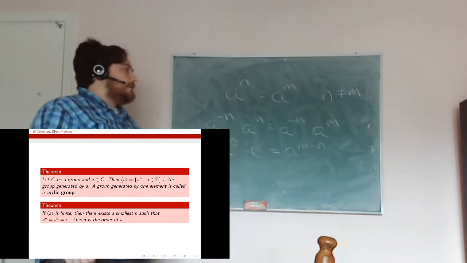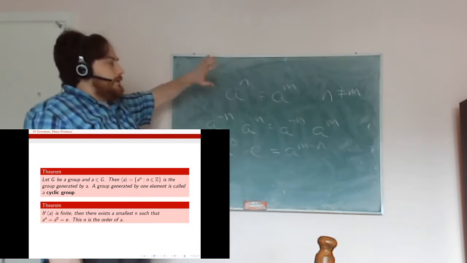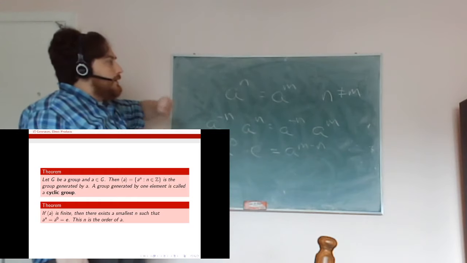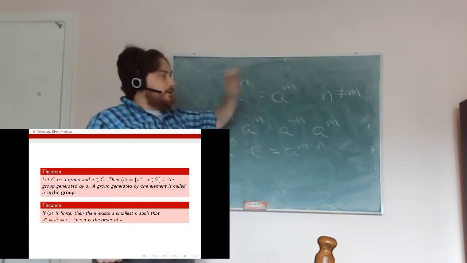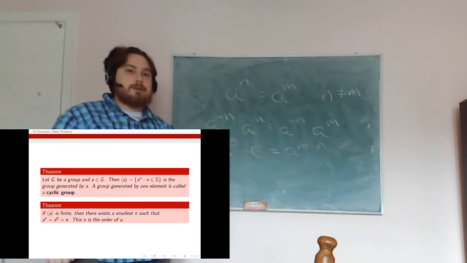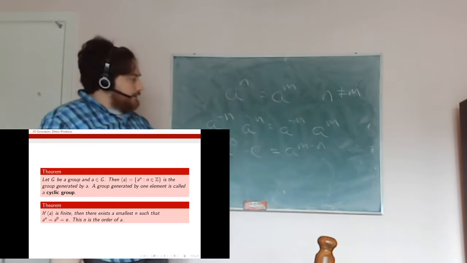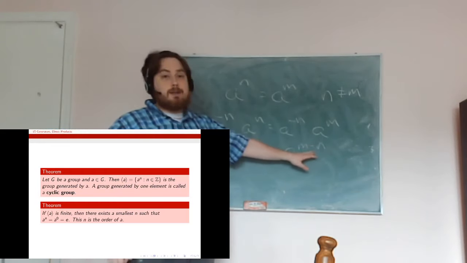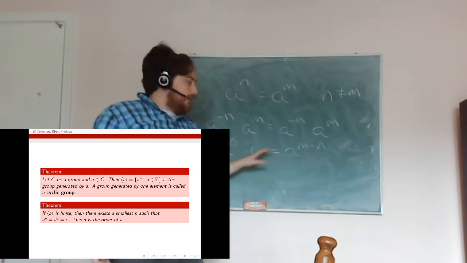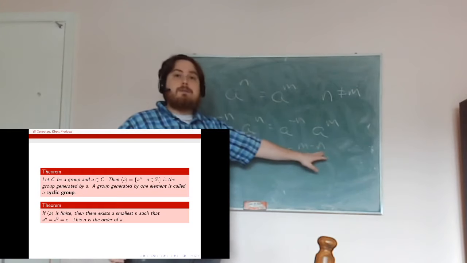So what I have is that in a group, if I am finite, I have to have some a to the n equal to a to the m for n not equal to m. Therefore, a to the 0 has to be equal to a to the m minus n, or that is, a to the 0 is equal to a to the k for some integer k.